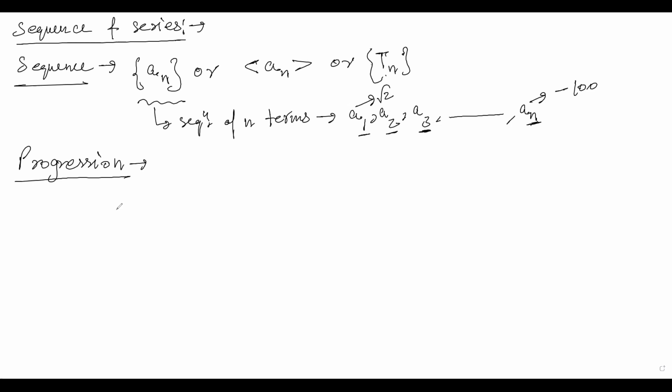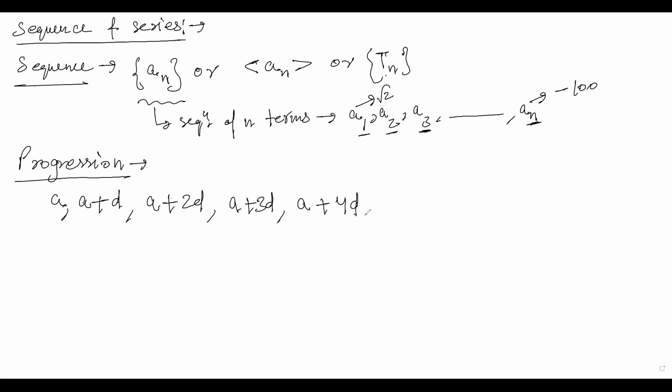And what is the pattern? The pattern is that every time you get the next value, same number will be added, right? Same number will be added to get each next term. So if first term is a, second term will be a plus d, third term will be, then again add d, a plus 2d, then again add d, a plus 3d, then again add d, a plus 4d.